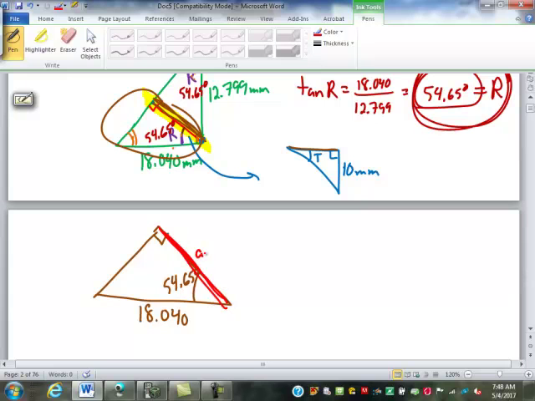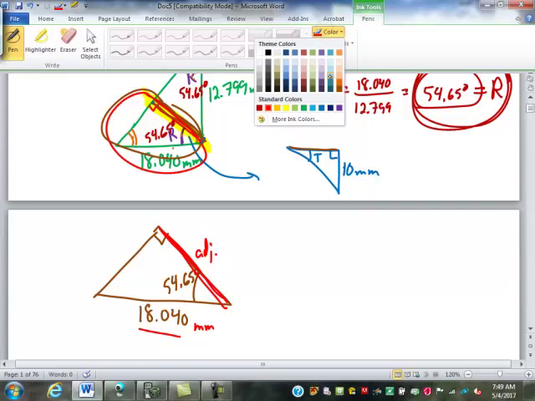That side would be the adjacent side. And now because I'm looking at a different triangle, the 18.040 millimeters is the hypotenuse of this triangle. So I pulled this piece out of that bigger triangle. So adjacent and hypotenuse is cosine.